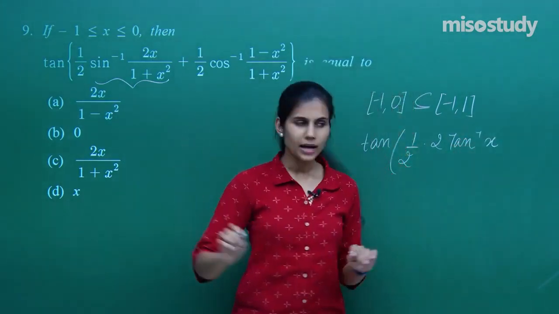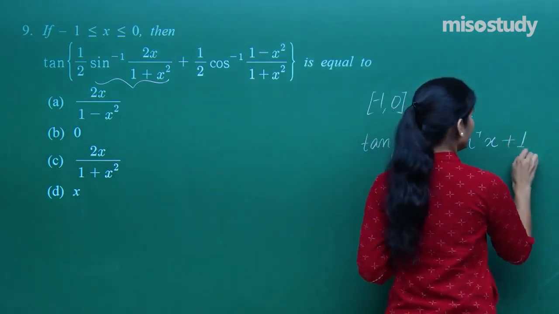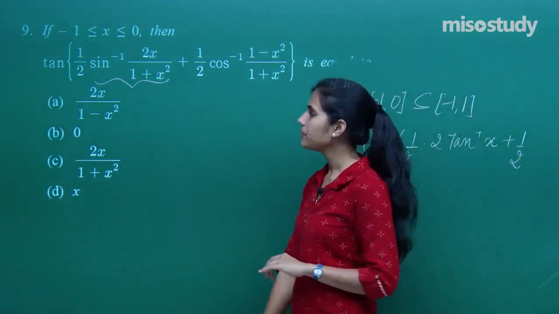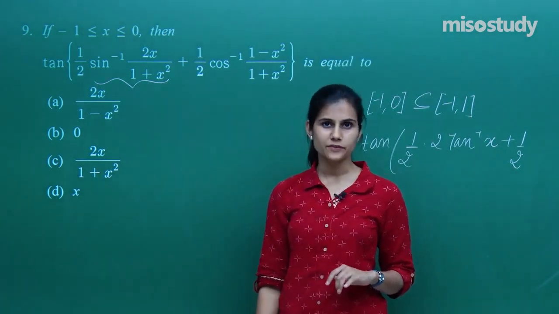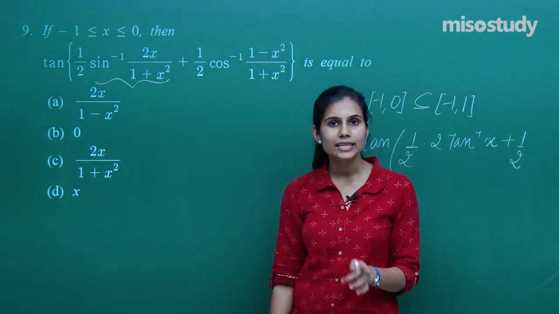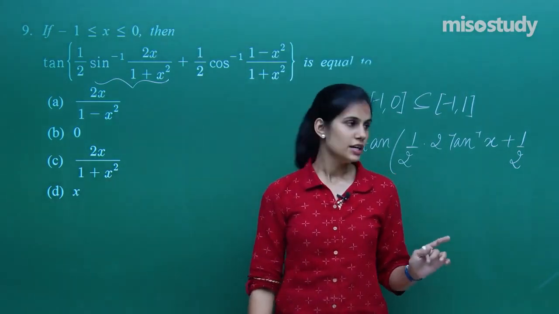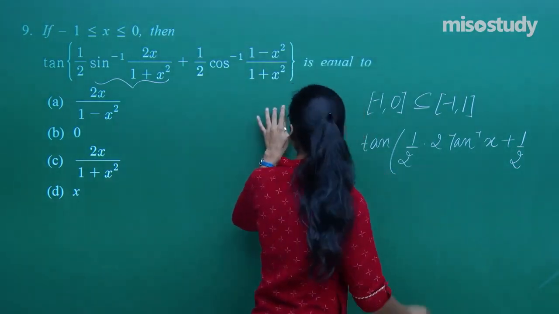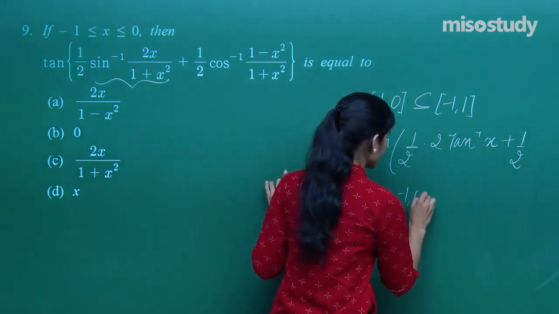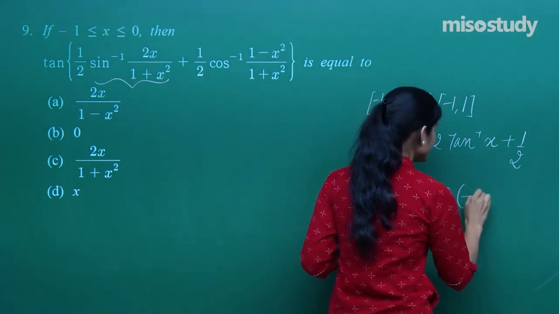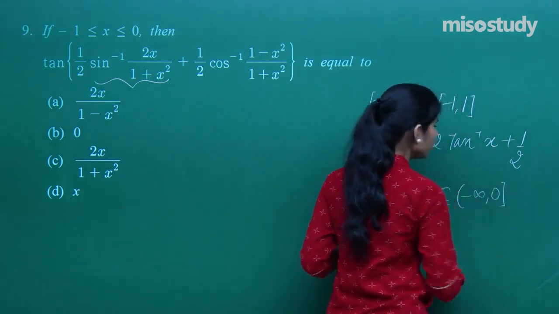Then you have plus half of, again, cos inverse of 1 minus x square upon 1 plus x square, which is equal to minus of tan inverse x, but that is only valid when x is lying in the closed interval (-infinity, 0]. So over here x is lying in [-1, 0], and this closed interval is very conveniently contained in (-infinity, 0].